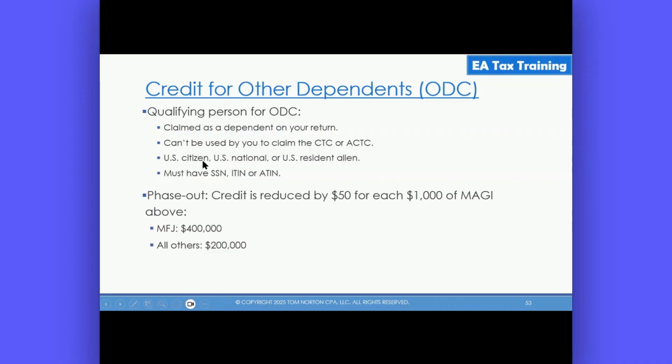The person has to be, again, a U.S. citizen, national, or a resident alien, and they have to have a Social Security number or an ITIN or an ATIN. This also is phased out, just like the child tax credit. It's reduced by $50 for each $1,000 of adjusted gross income over those same amounts. $400,000 married filing jointly, $200,000 for everyone else.